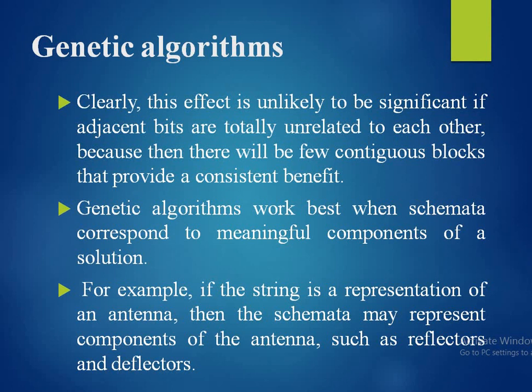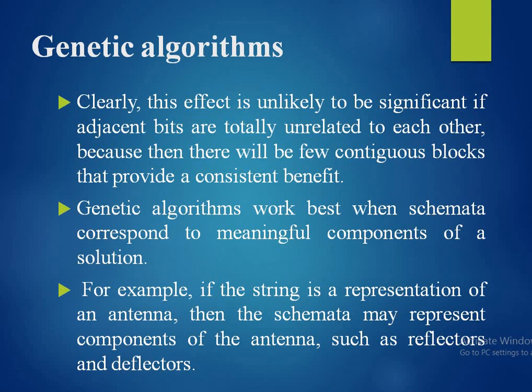Clearly, this effect is unlikely to be significant if adjacent bits are totally unrelated to each other, because then there will be few contiguous blocks that provide a consistent benefit. Genetic algorithms work best when schemata correspond to meaningful components of a solution.